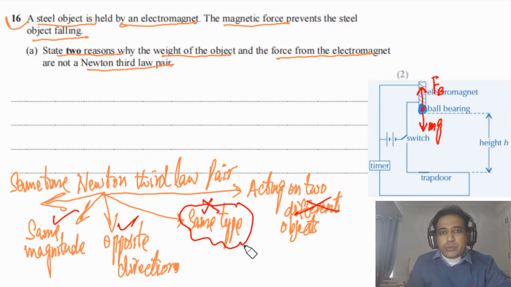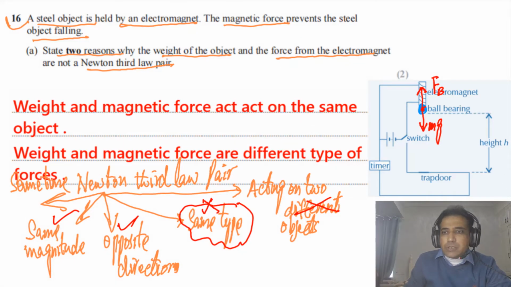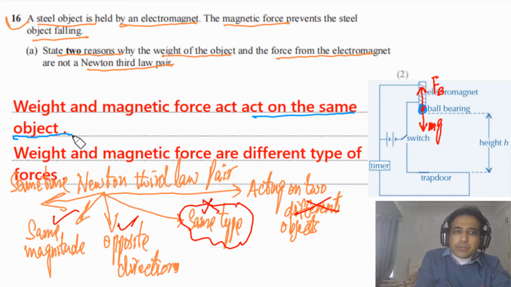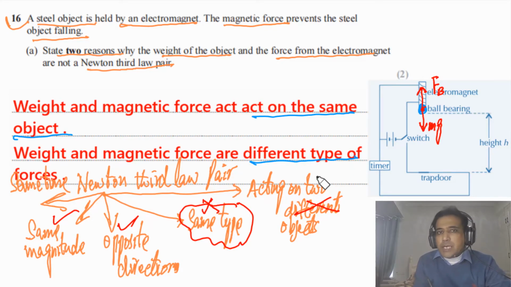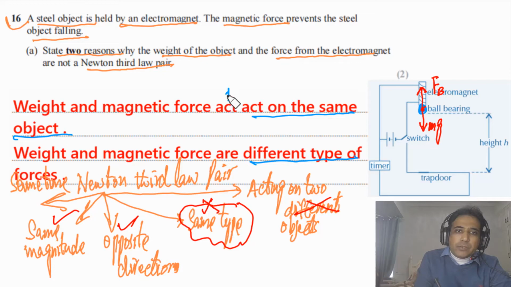So that's all you need to understand. Now let me show you the answer. This is how you can write your answer: they act on the same object and they are different types of forces. This question has 2 marks, so if you write these 2 points you will get 2 marks.